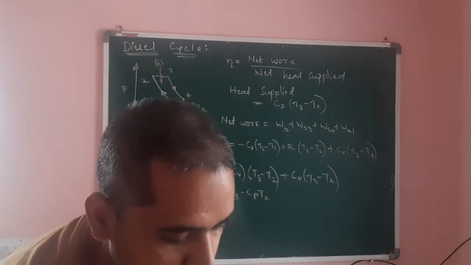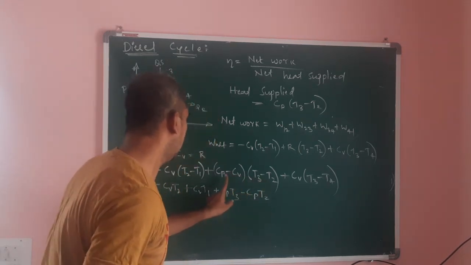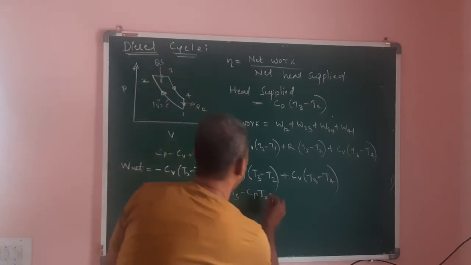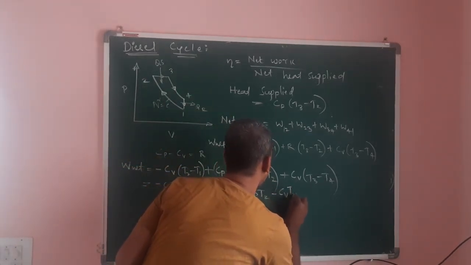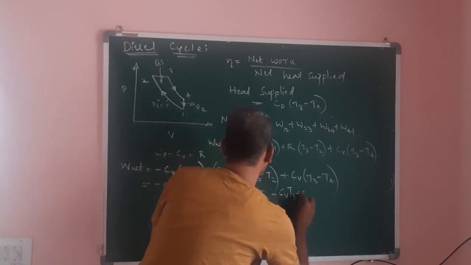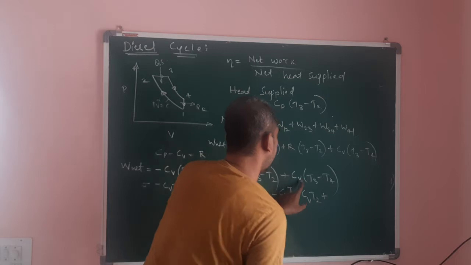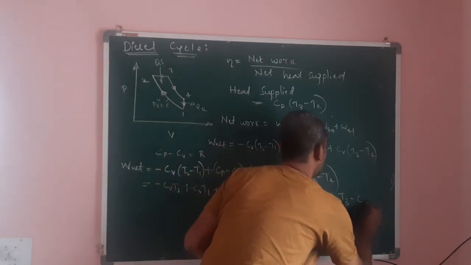I have multiplied Cp into T3, Cp into T2. Minus Cv into T3 plus Cv into T2. Plus this one, Cv into T3 minus Cv into T4.